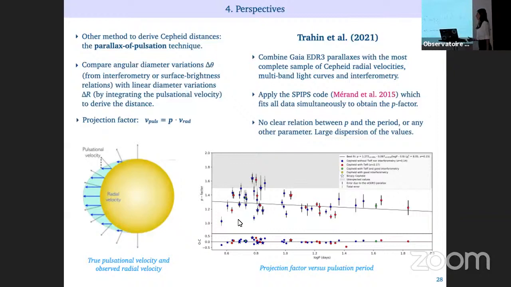They have maybe a bump on the light curve that explains that the projection factor is not the same. So this is really interesting, and in our Gaia project, we would like to investigate this projection factor.